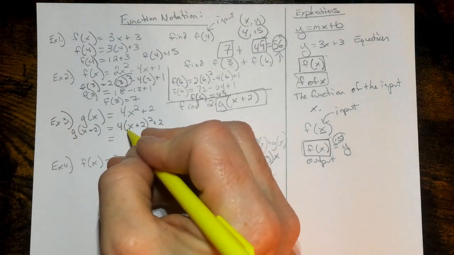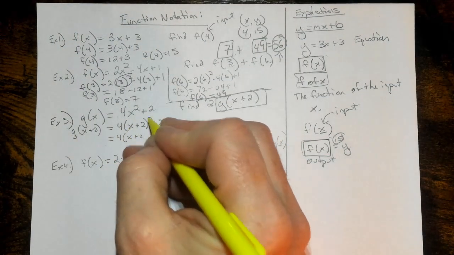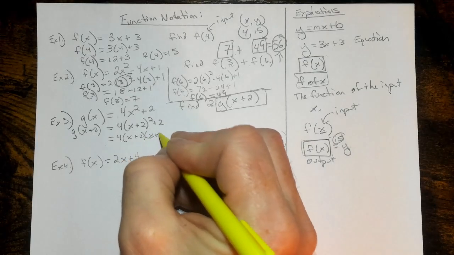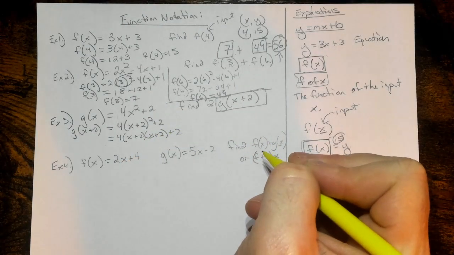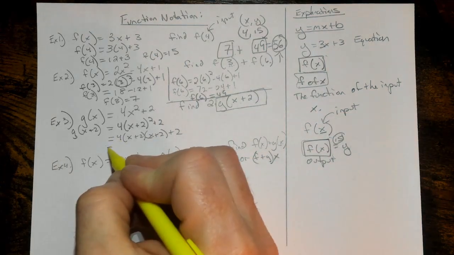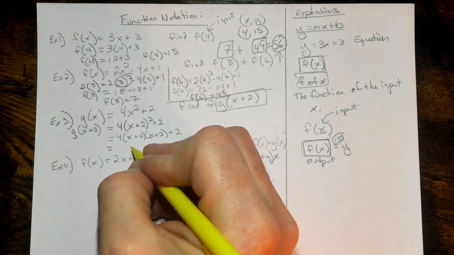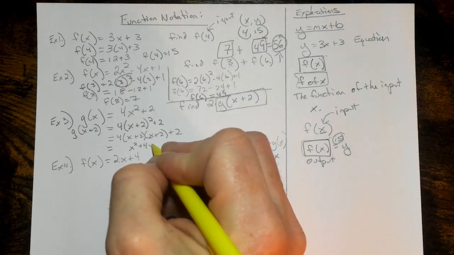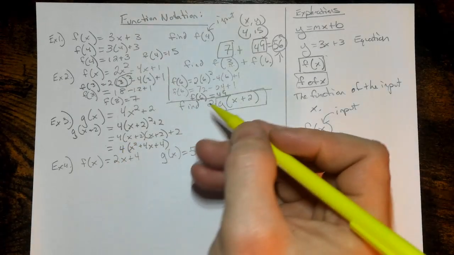But when you have this x plus 2 with this exponent squared, it means that you have 2 of these situations, right? So I have to multiply these two things, then multiply by 4, then add 2. So this is going to be x squared plus 4x plus 4. I know that from experience.